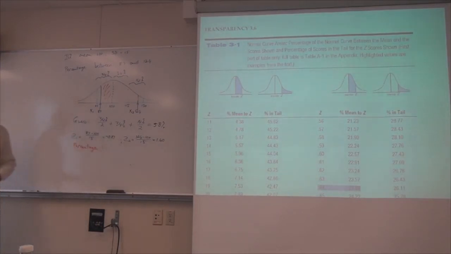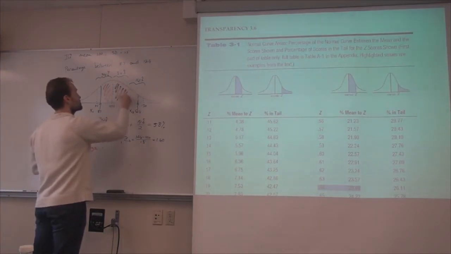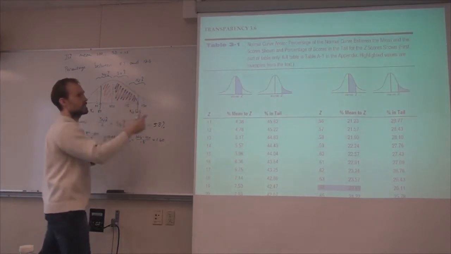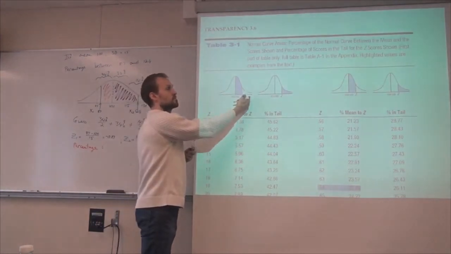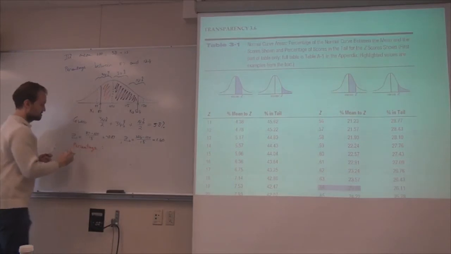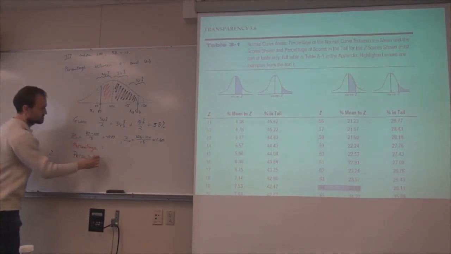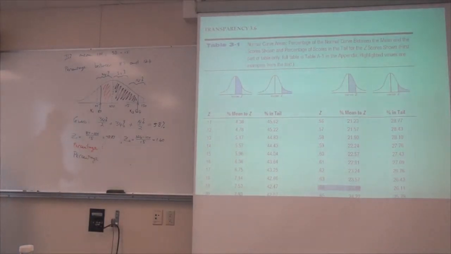And then we'll find the purple percentage. Because the table can get me from the mean to a z-score. So mean to a z-score, mean to a z-score. And then I'll add them together. So let's do the red one first.